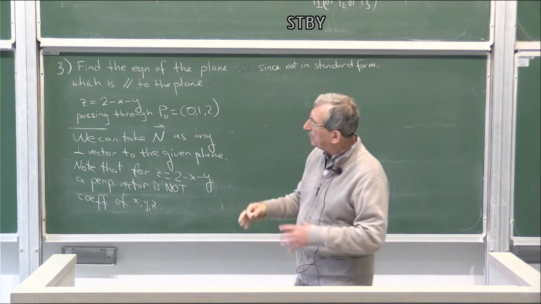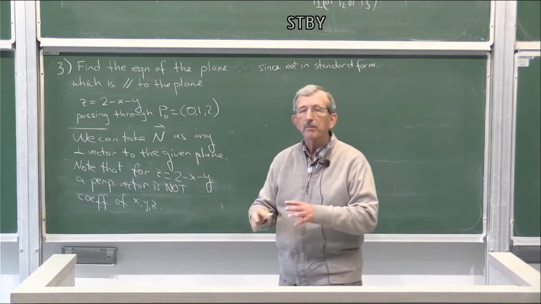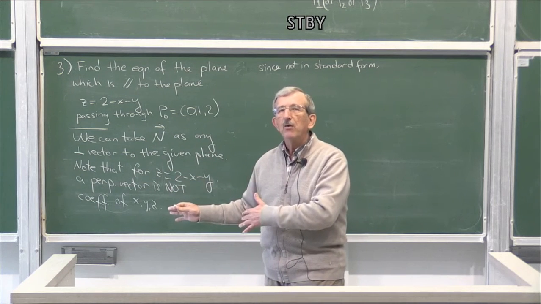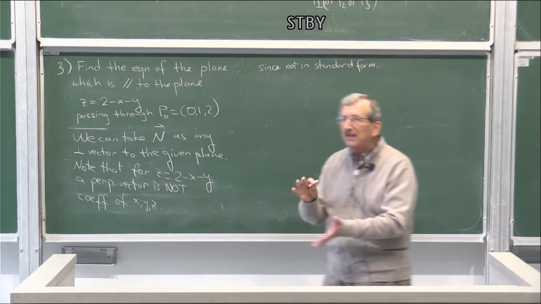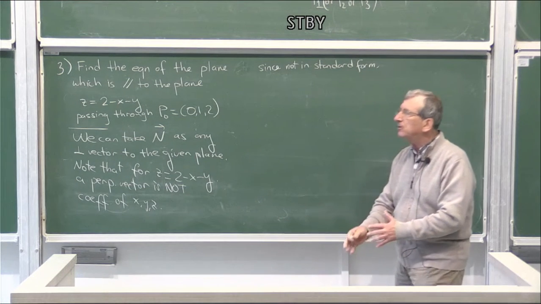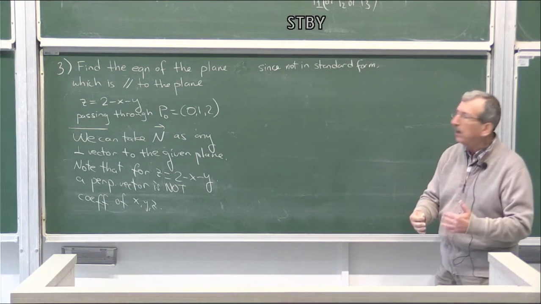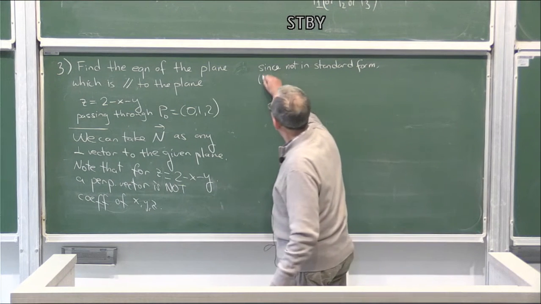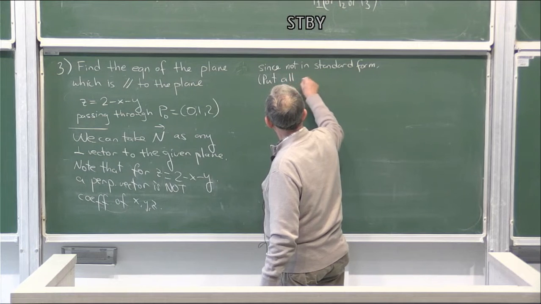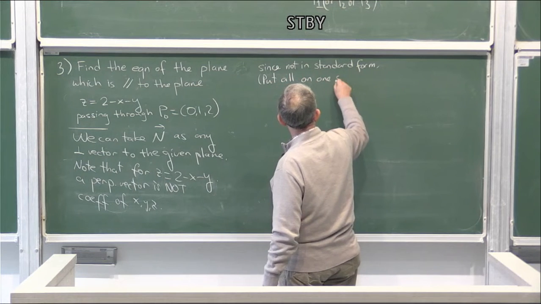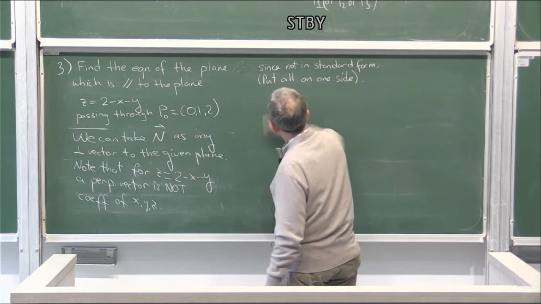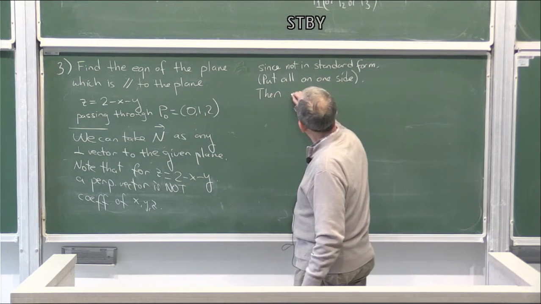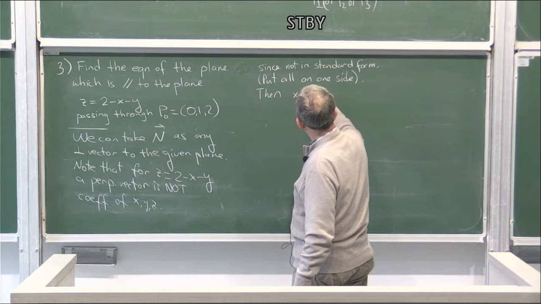It means that it's given in the form P0P dot the vector is 0. Well, it is given that way, but the places are shuffled a little bit, so we put them in order. In other words, put everything on one side. Then it becomes x plus y plus z.